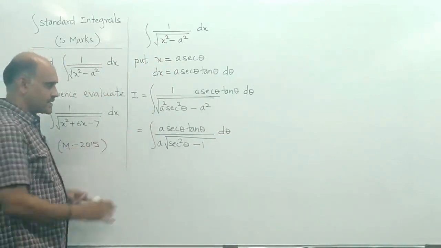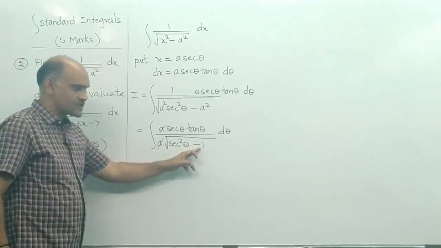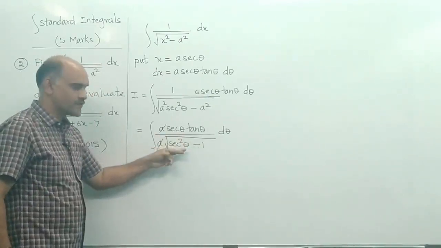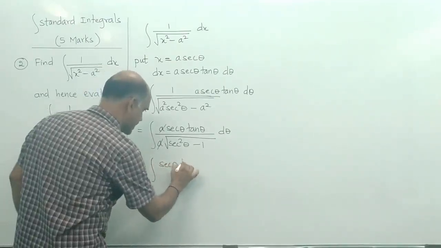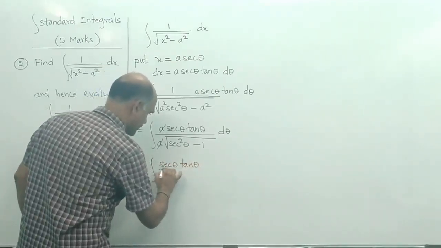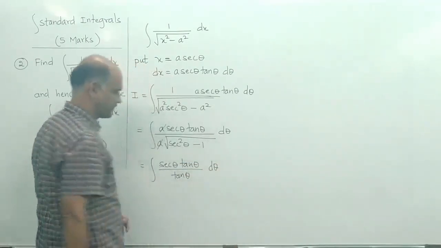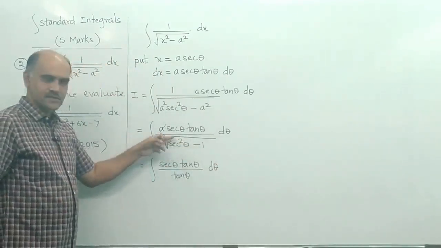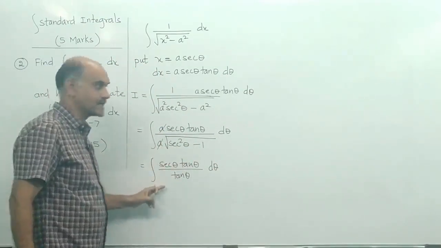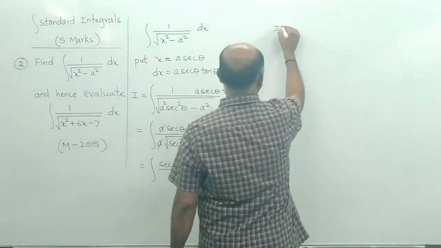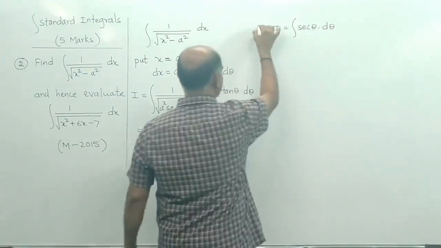Here a and a get cancelled. Secant square theta minus 1 is tan square theta. If you take root, it is tan theta. So you will have integration secant theta into tan theta divided by tan theta into d theta. So tan gets cancelled, and you'll have I is equal to integration of secant theta d theta.